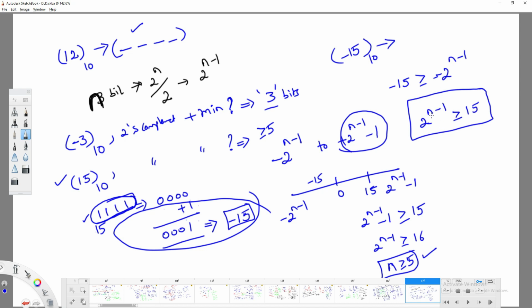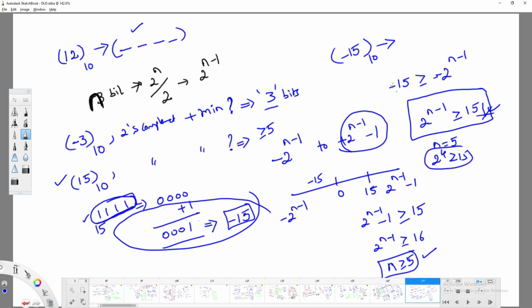If you take n value 4, is this equation going to be satisfied? No. Take the n value 5. If you take n value 5, that means 2 power 5 minus 1, that is 2 power 4, which is greater than or equal to 15.